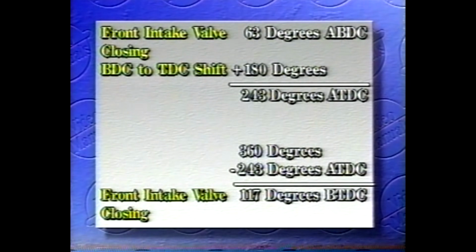That is, 63 degrees after bottom dead center is the same as 243 degrees after top dead center. Then, using the 360 degrees symmetry of the circle, we subtract 243 degrees after top dead center from 360 degrees to give 117 degrees before top dead center for the intake valve's closing point.